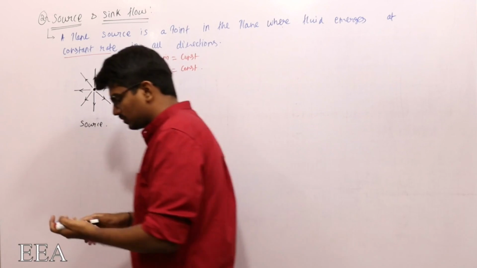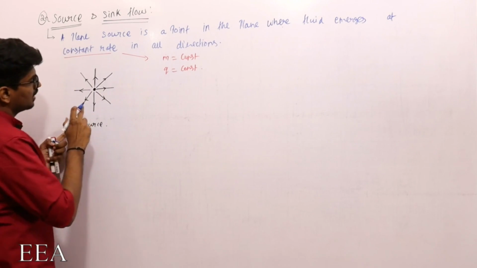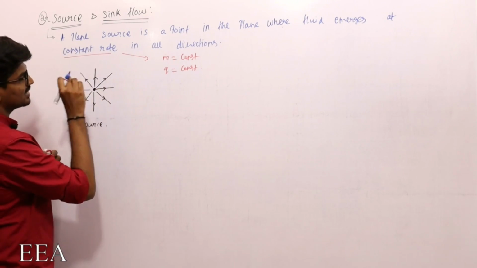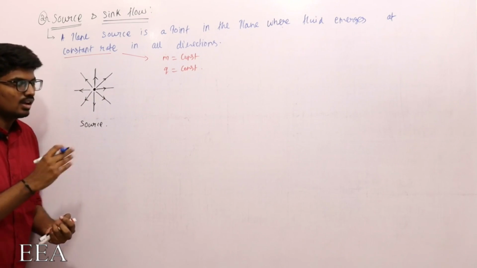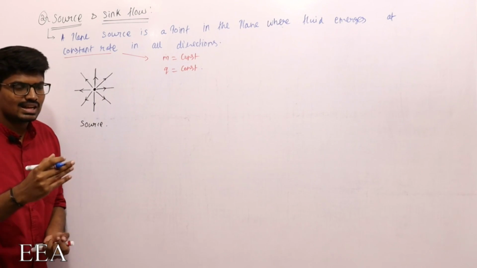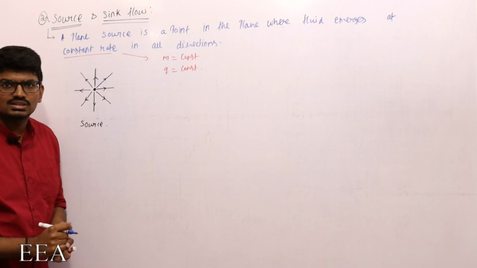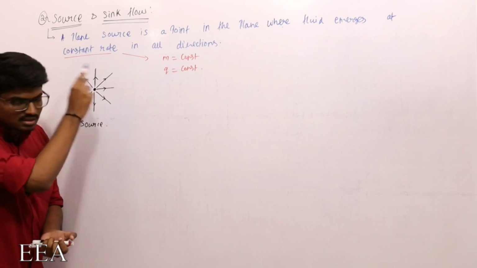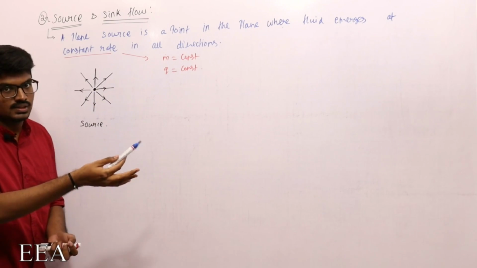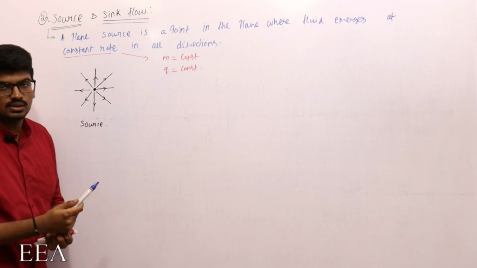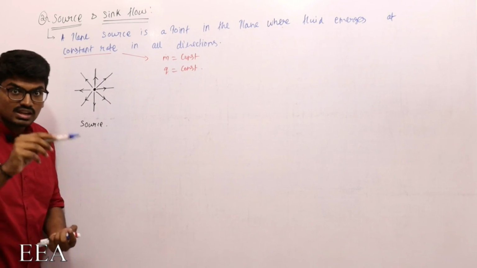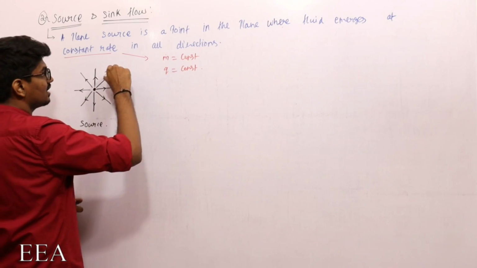More precisely, if the fluid comes out from a single point in all directions, what can I say about radial velocity and tangential velocity? Was there any rotation of the fluid? Nothing. So tangential velocity is 0. Was there any radial velocity? Of course, fluid is coming only in the radial direction.